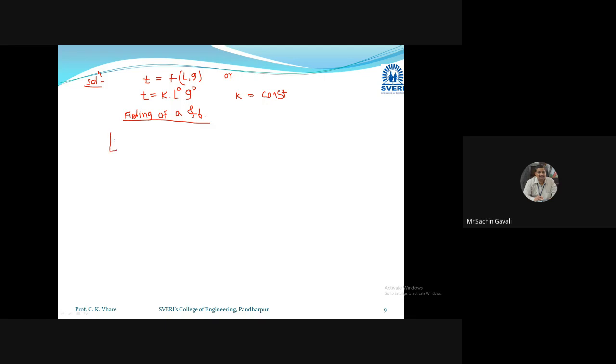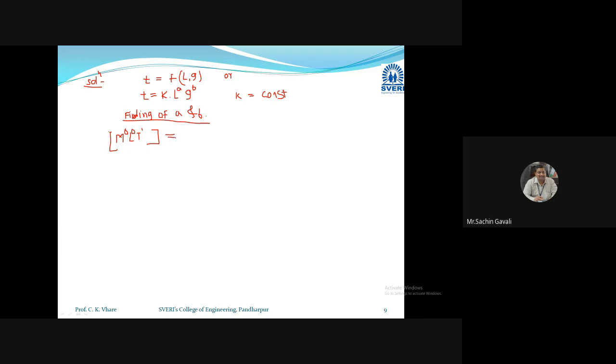Write in the chat box. I am asking you because you understood. The MLT form of T: what is the MLT form of T? T has the fundamental dimension M raised to 0, L raised to 0, and T raised to 1. T raised to 1 is equal to what?